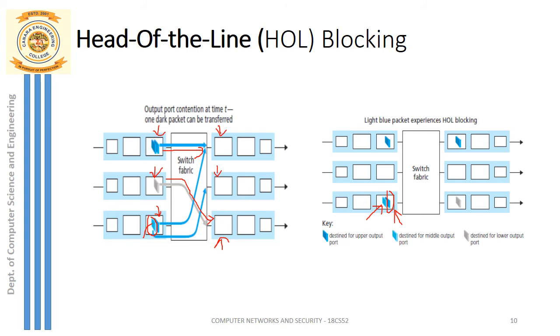Even though the second output port is free, we are not able to transfer because the first packet in the third input port is queued. So this type of blocking of packets because of other packets is called head of the line blocking.